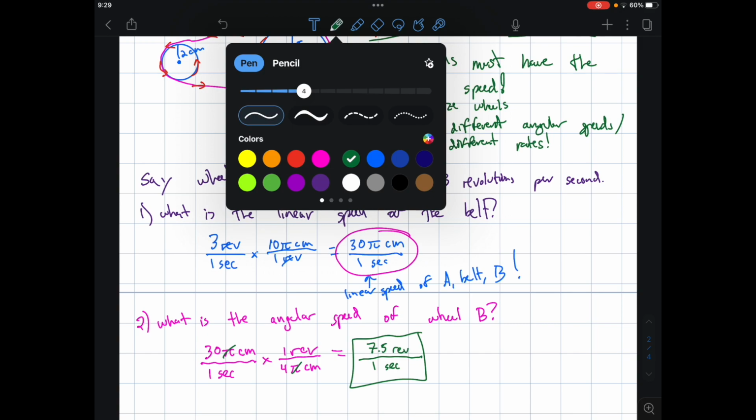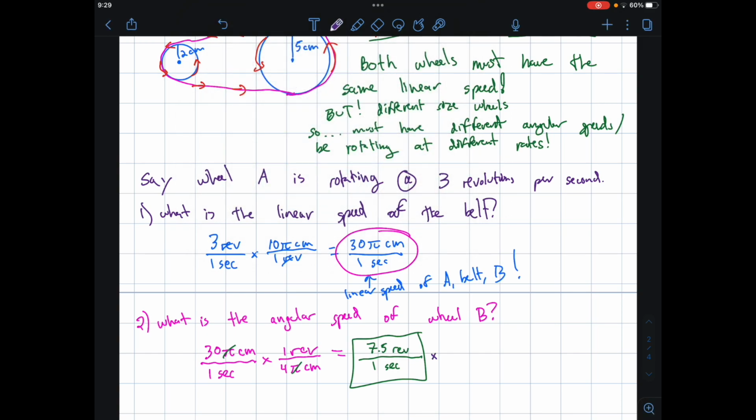If you wanted radians per second, you could multiply by 2 pi radians per 1 rev, giving 15 pi radians every 1 second. That's an alternative way of expressing the angular speed.